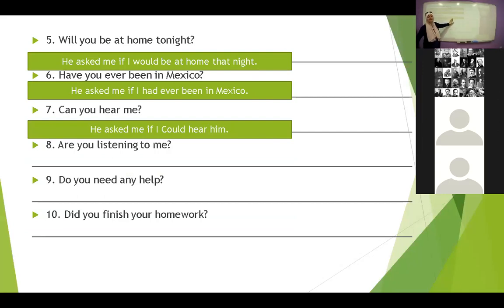Now, I used him here because I started with he. Haneen started with she, so she used her. So the pronouns are very tricky. They should match the antecedent. If I change this sentence and said, she asked me or she wanted to know if I could hear her.